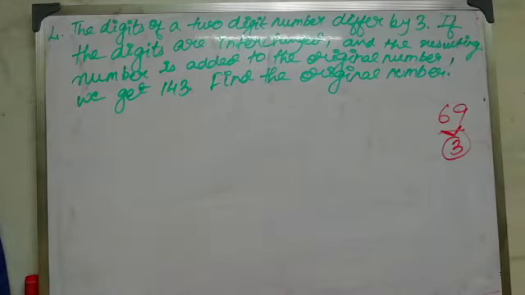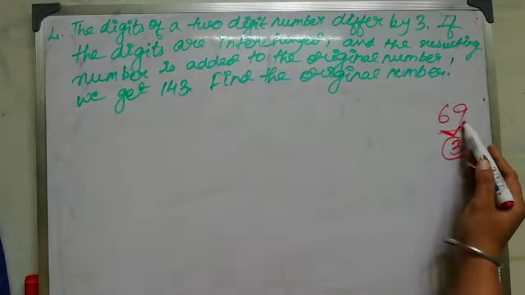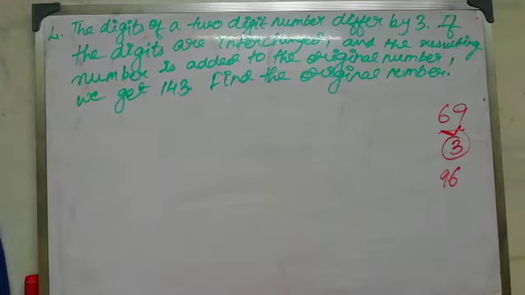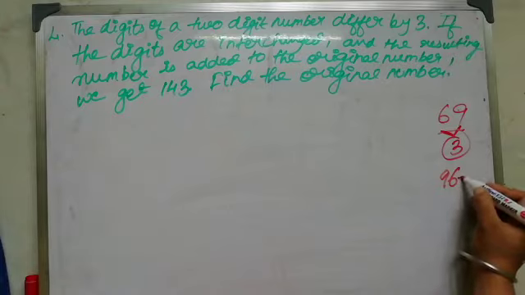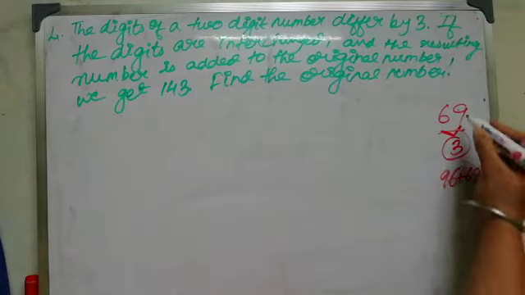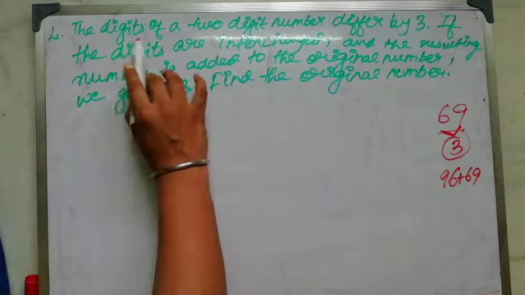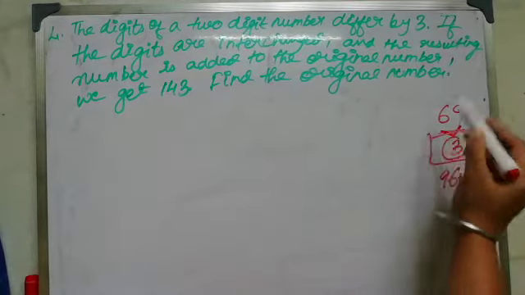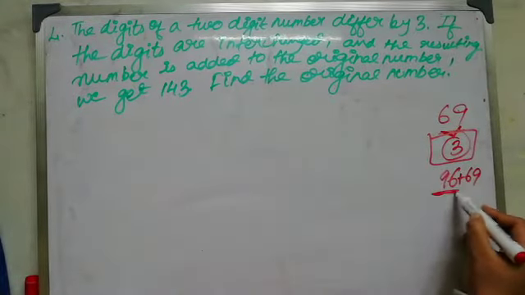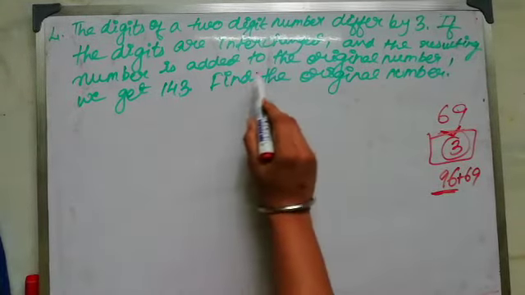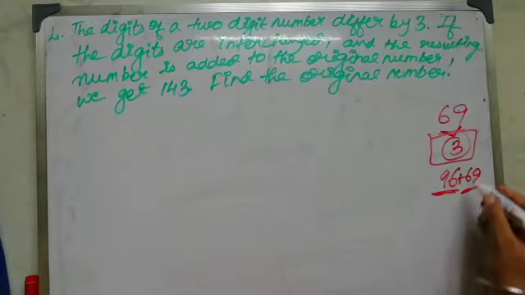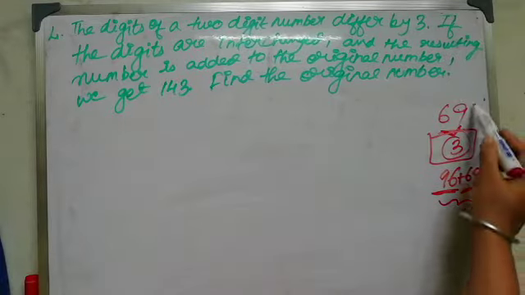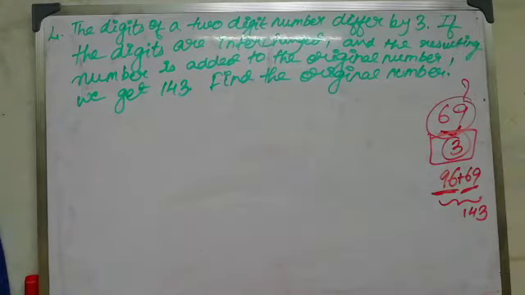If I interchange the digits, I make 69 into 96, and to this 96 I am adding 69, the original number. Their sum is 143. I need to find the original number.